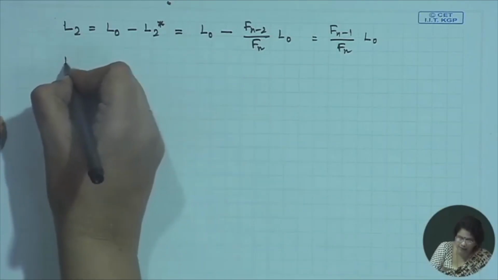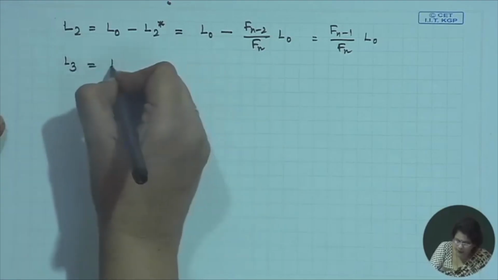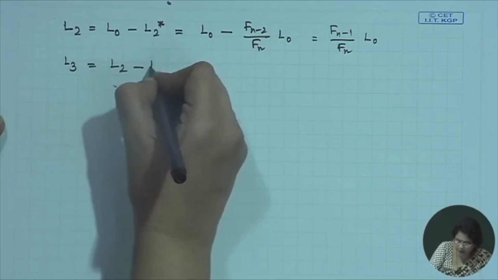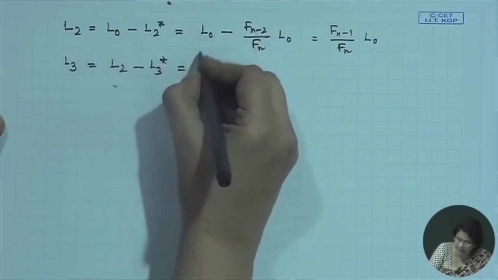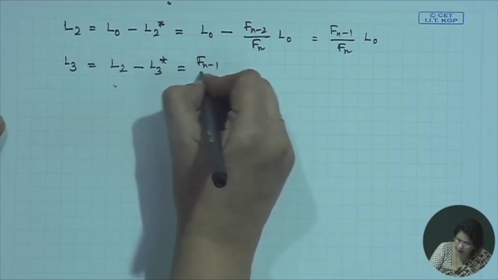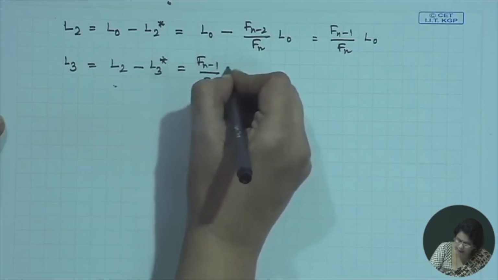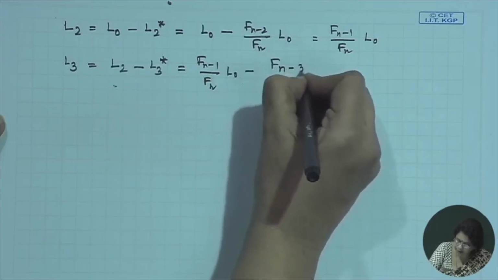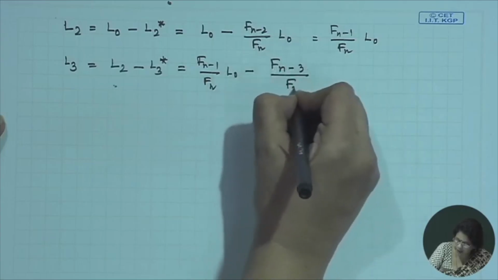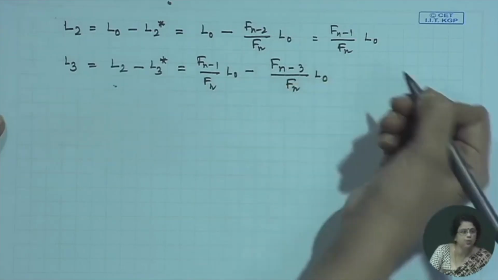Go to L3. L3 is equal to L2 minus L3 star. What is my L2? L2 is equal to Fn minus 1 by Fn L0, and L3 star is Fn minus 3 by Fn L0.